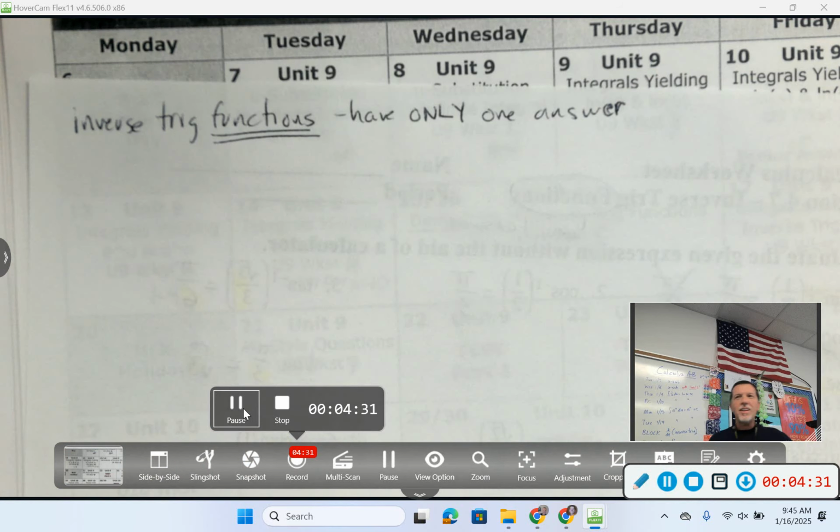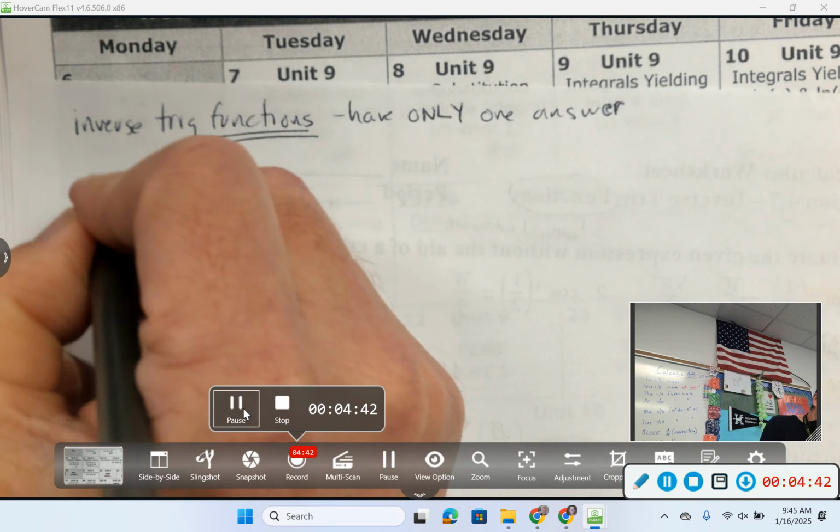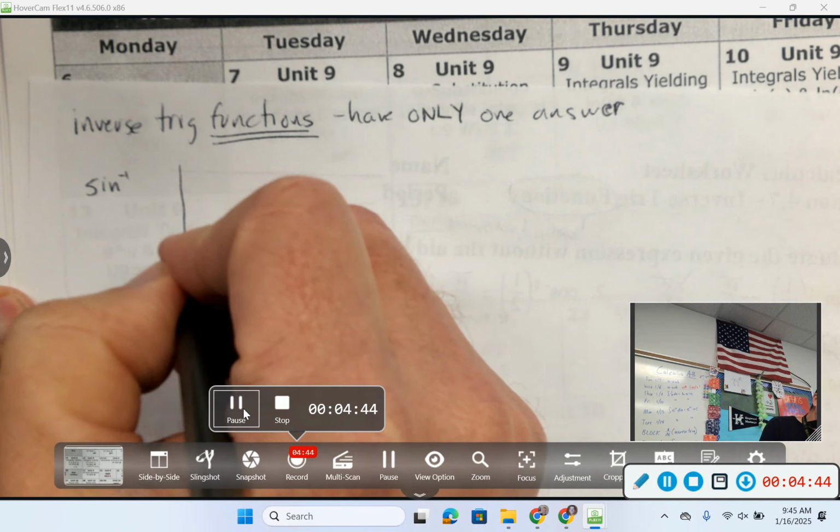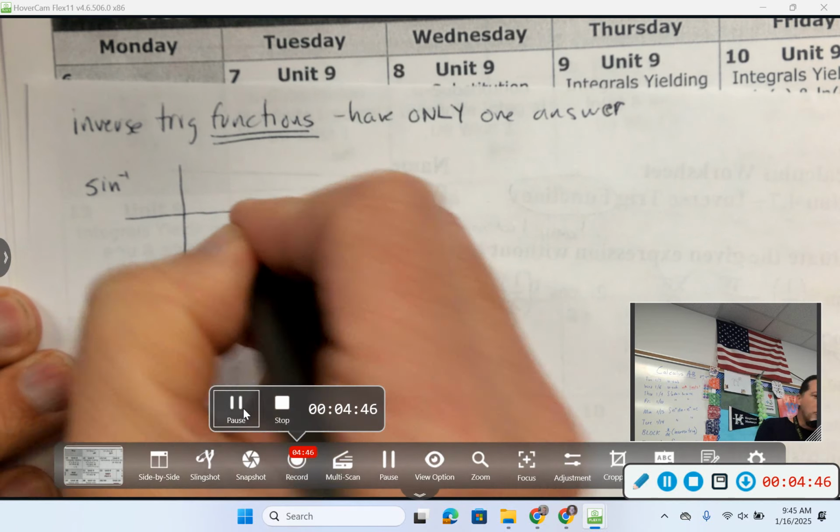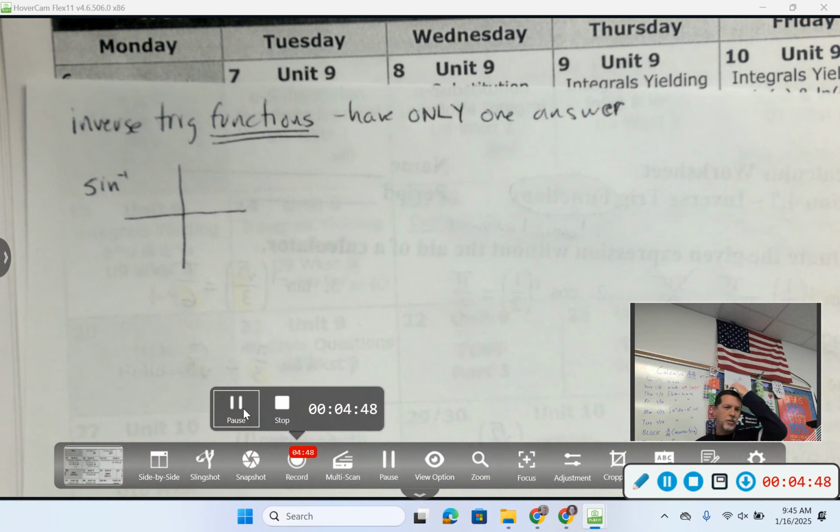And so it's not enough to know the unit circle. That's part of it. But you also have to know, well, which angle on the unit circle should I use? And you have to know the restrictions. So I'm going to write the restrictions, and I'm going to give you the shortcut for remembering the restrictions.